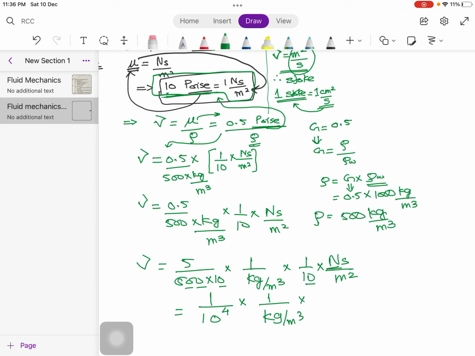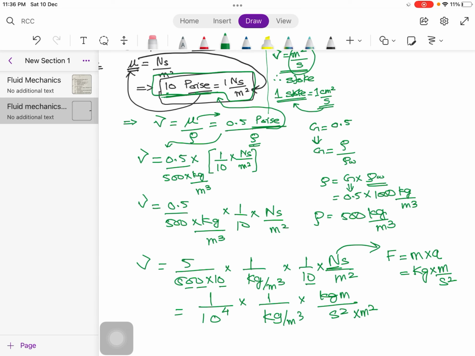We need to break down this Newton here, and Newton is a unit of force, which is mass times acceleration. Mass is kilogram and acceleration is meter upon second square. So kilogram meter upon second square times meter square.